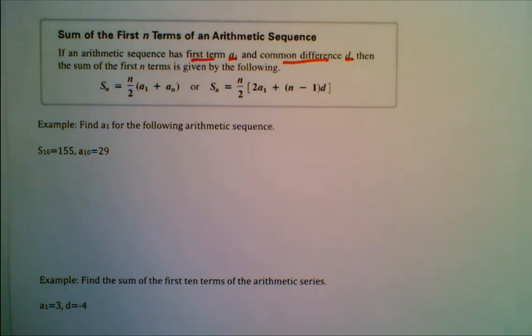We have S sub 10 is equal to 155, and we have a sub 10 is equal to 29. So what's given here? Let's list what is given.